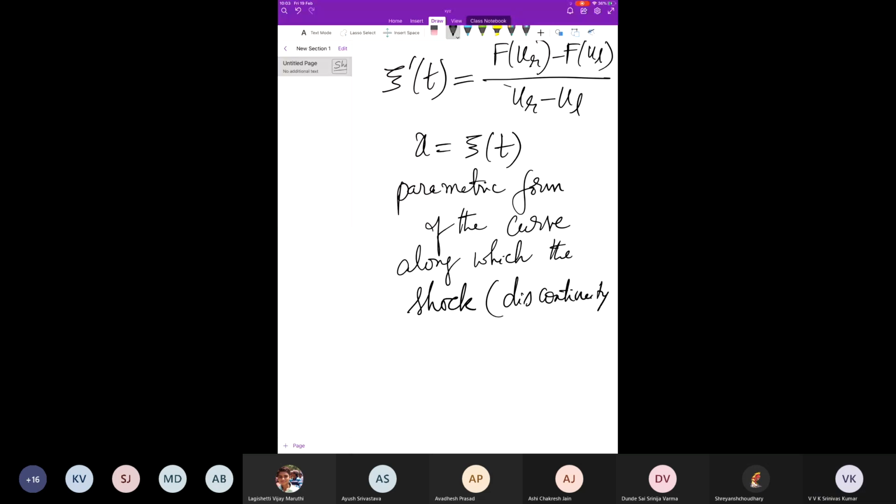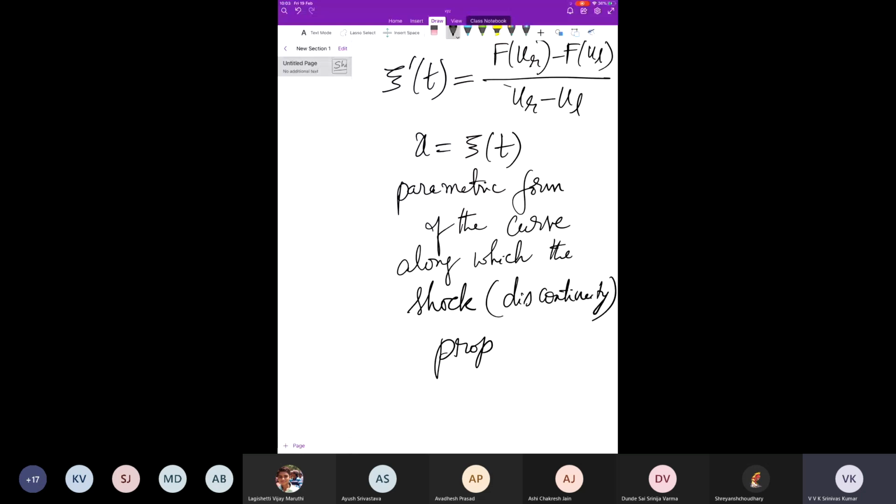This is our equation. When we solve, we get x is equal to psi of t, which is the parametric form of the curve along which the shock propagates, and we have derived it. This is case one.